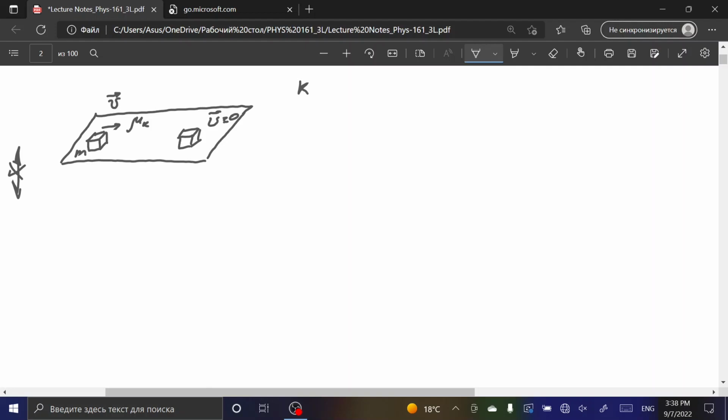But what is the ultimate final result of this work? Heat. Exactly. So this work dissipates, so kinetic energy dissipates in the form of heat. It's distributed between the plane and the body, probably into the external environment.